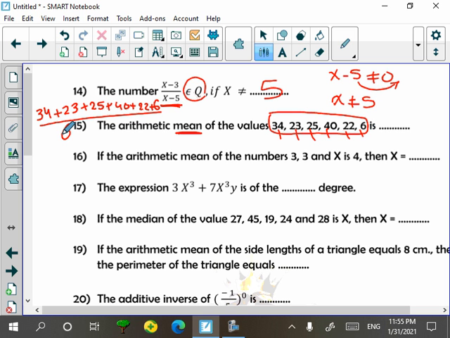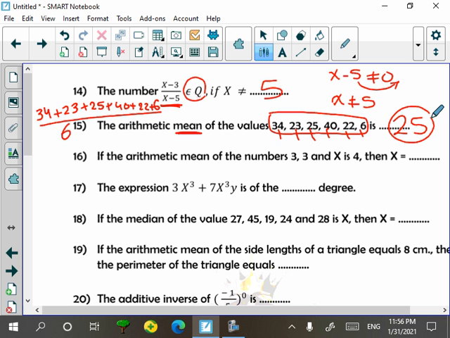Okay. 34 plus 23 plus 25 plus 40 plus 22 plus 6 divided by 6 equals 25. Then the arithmetic mean of these values equals 25.